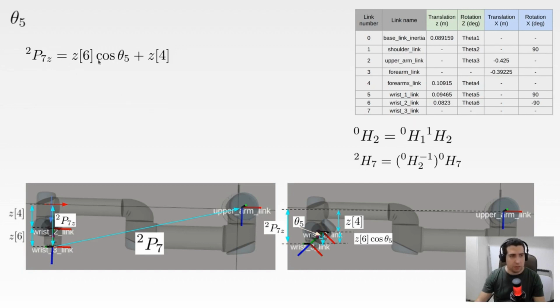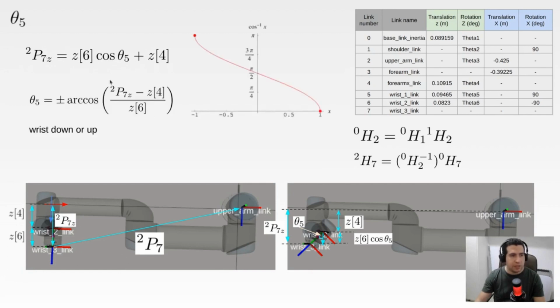So you have this relationship here showed in this equation, and then you find theta 5 by calculating the arc cosine of this value. So it's important to keep the numerator less or equal to the denominator because of the domain of this function. If you don't do this, you have a value error in the Python code.